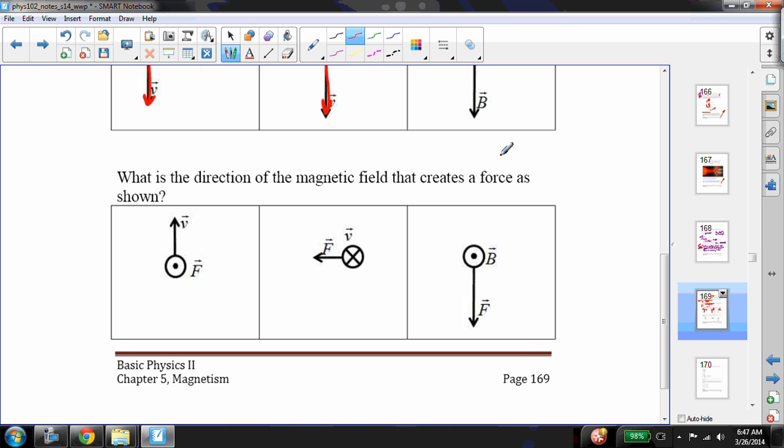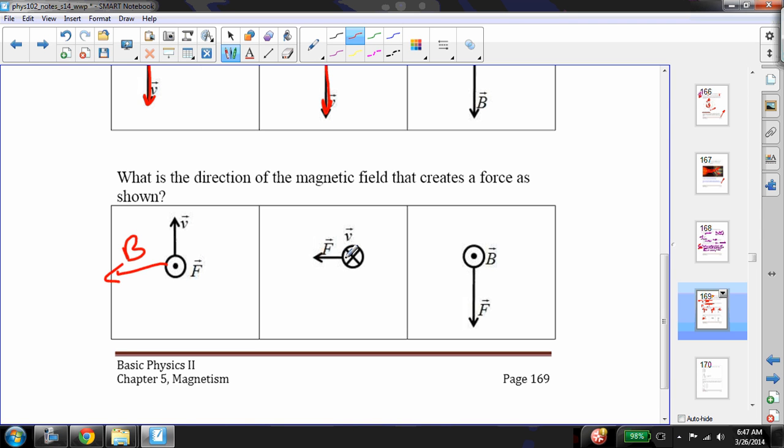Now, we can use these oppositely, where I don't give you the magnetic field or I don't give you the velocity, but instead I give you the force and something else. And in these cases, you just work backwards. So here, I let my fingers go in the direction of V, and then my thumb points out of the page because of this force vector, and then my magnetic field is in this direction, out of my palm.